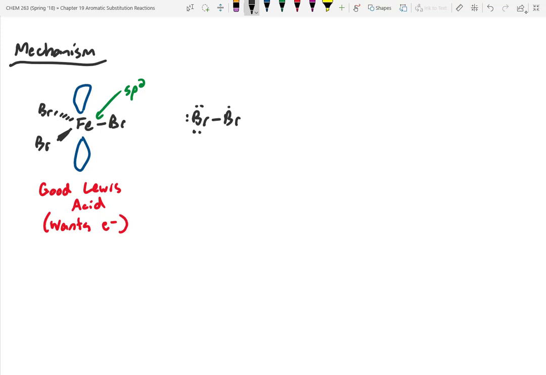So we've got this elemental bromine floating around. It can donate its electrons to that empty p orbital. So I'll just go ahead and draw one of these lone pairs getting donated in. Doesn't really matter which one. And when you do this, you form an unstable complex that's a Lewis acid-base adduct.